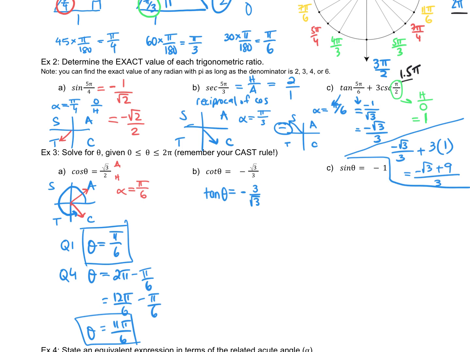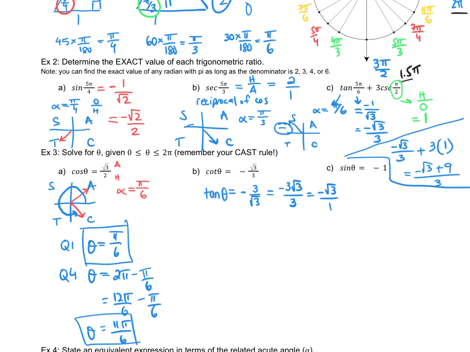Now when I see 3 and root 3, root 3 looks good to me. It's part of my special triangles, but the 3 isn't. So I'm just going to try to fix this problem. I'm going to multiply top and bottom by root 3 and see if that helps me out. Okay, and now the 3's cancel out and I'm left with this fraction, root 3 over 1.